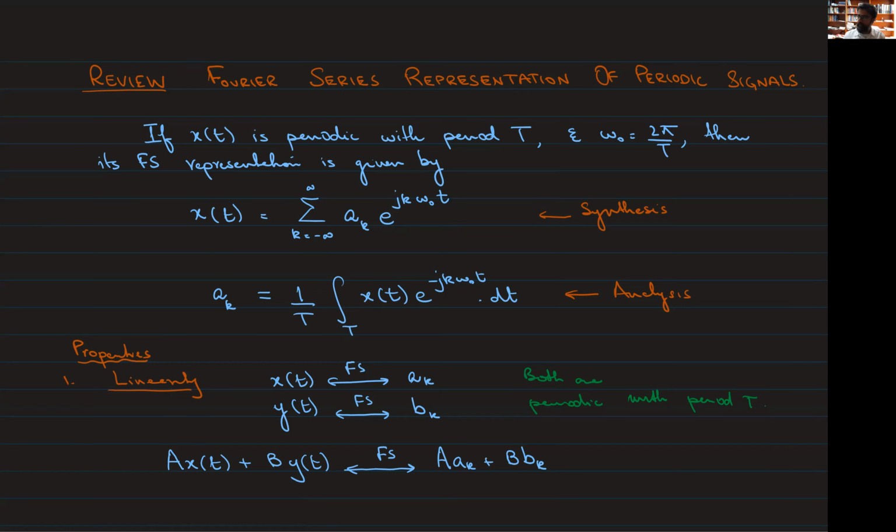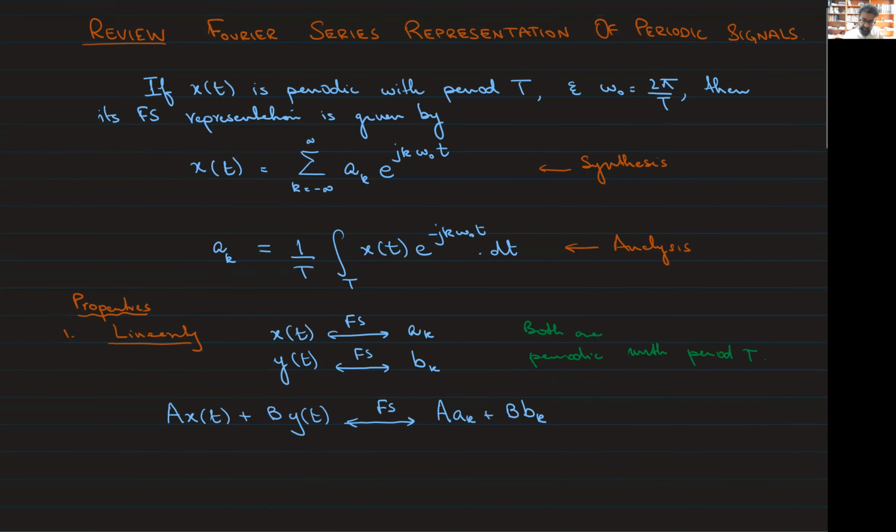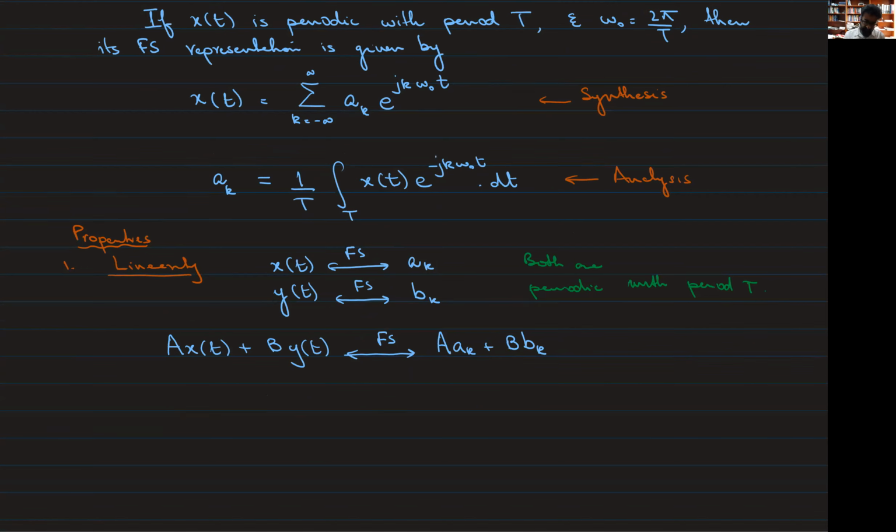So this was the first property we did. And the second property we did was time shifting. That just stated that if you shift x by some t naught, and of course it's clear that shifting by t naught should maintain periodicity, the period remains unchanged.